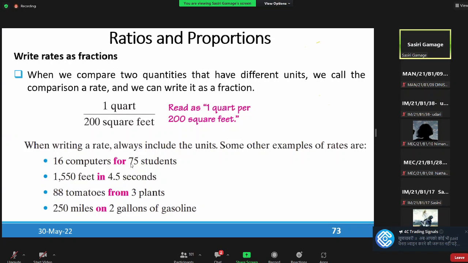But when we encounter different units, then we call the comparison a rate, and we can write it as a fraction.